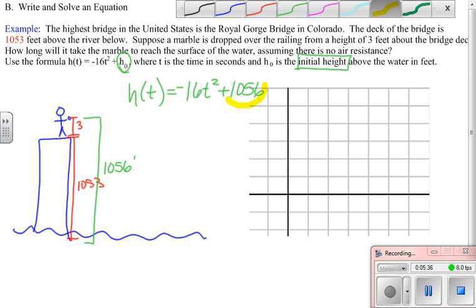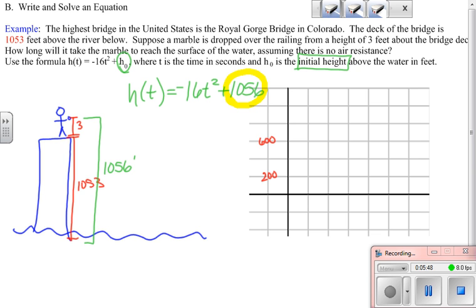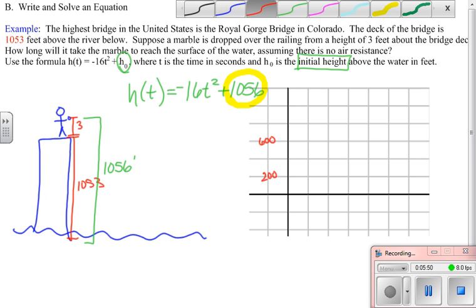Now you can see that this is my constant value, so if I go by 200s here, my initial value is right there.